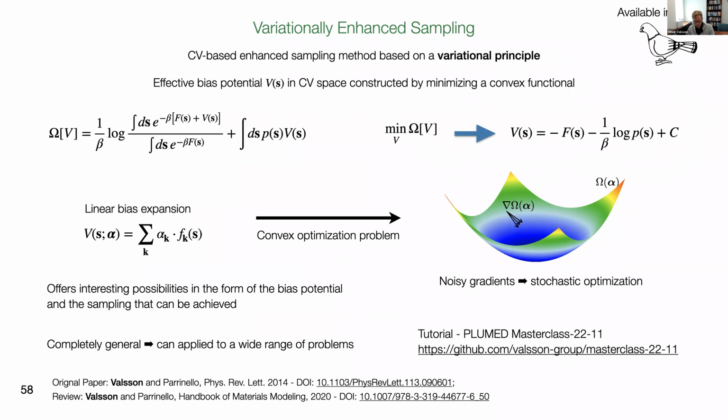In practice, you introduce a linear basis set expansion, like shown here, with some set of basis functions, and then you turn this into a convex optimization problem. This offers many interesting possibilities in the form of the bias potential and the sampling that can be achieved. If you're interested in this method, I have a tutorial at this web link, where you can look at how to apply this method to the same system that we use here.